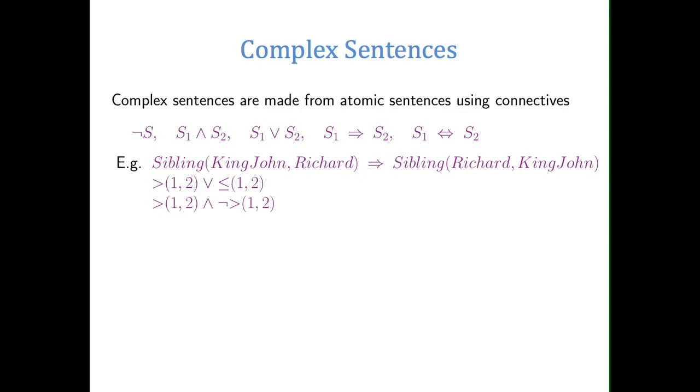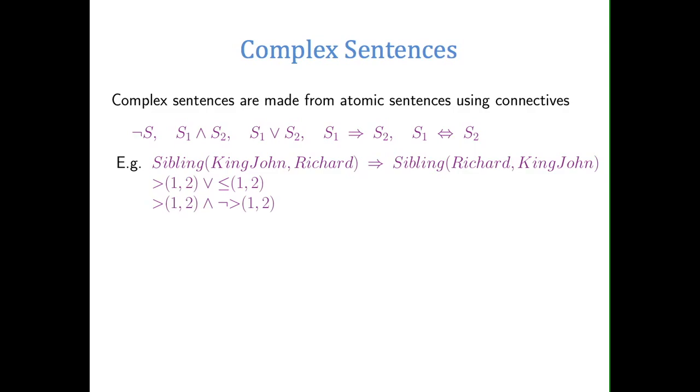And we can express, for instance, implication that way. So, for example, we know that if A is the brother of B, then B must be the brother of A. So we can say that if we've got a predicate sibling, sibling King John, comma Richard, then that implies that sibling Richard, King John.